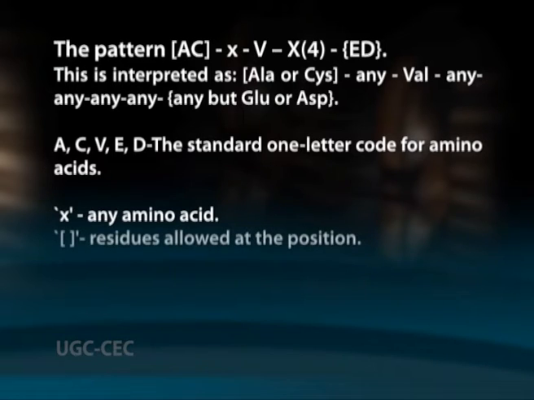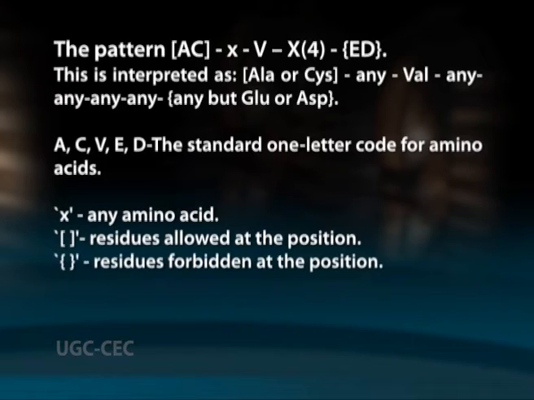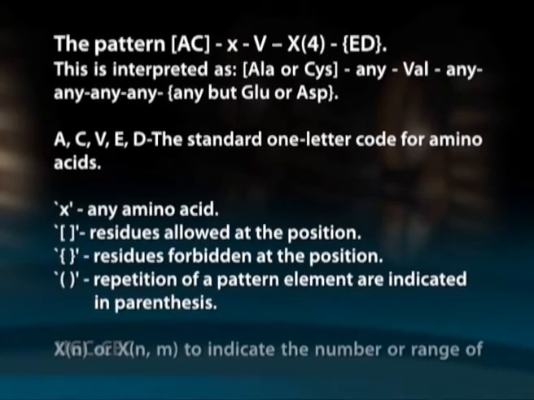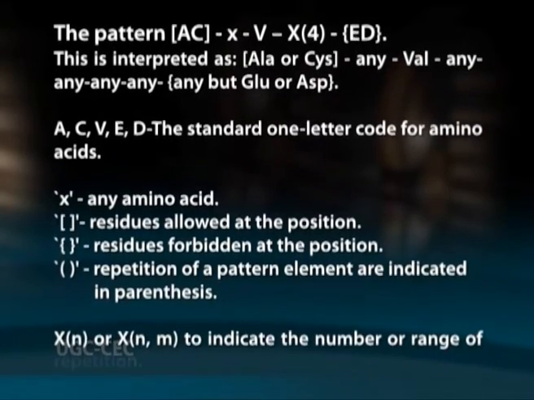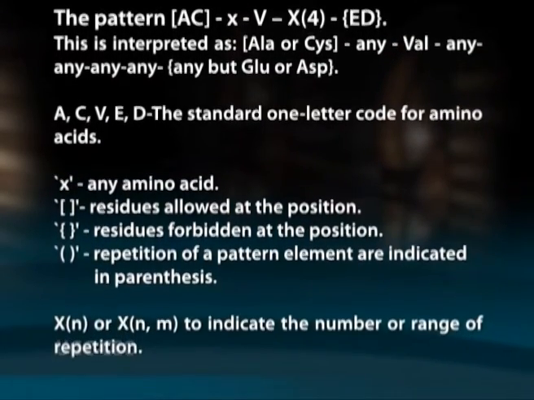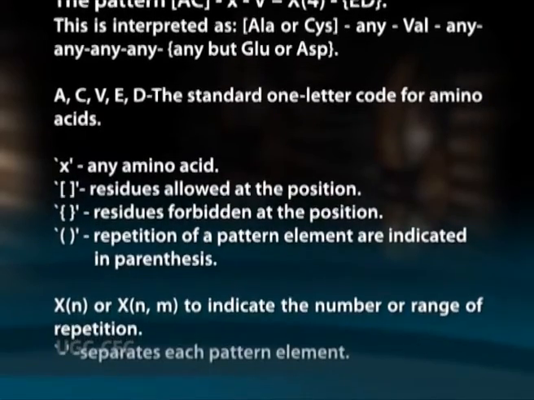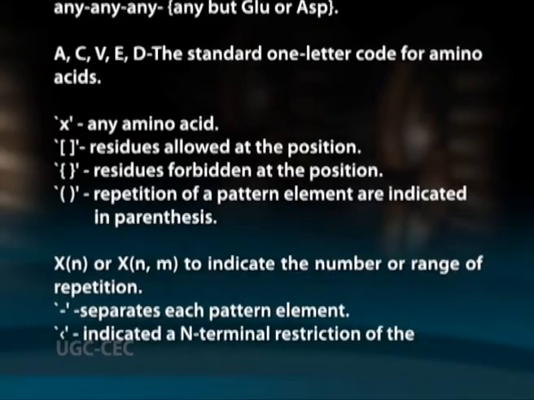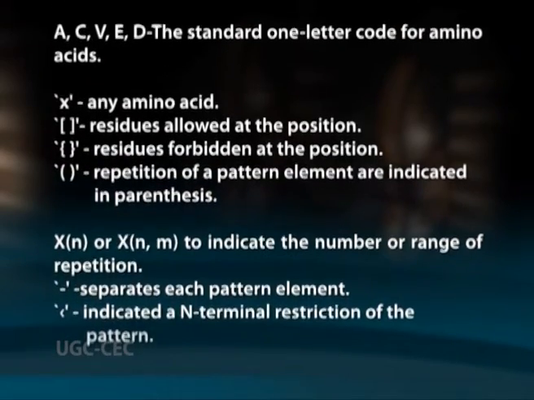A, C, V, E, D are the standard one letter codes for amino acids. X indicates any amino acid. Square braces indicate residues allowed at the position, and curly braces indicate the residues forbidden at the position. Repetition of a pattern element is indicated in parentheses. x(n) or x(n,m) is used to indicate the number or range of repetition.